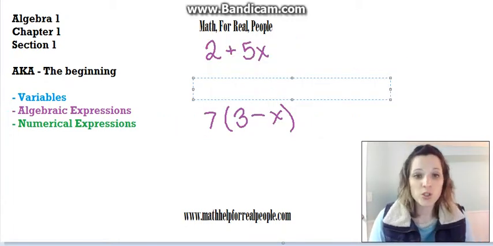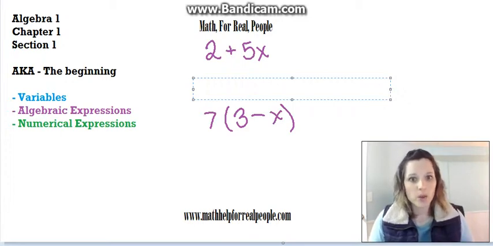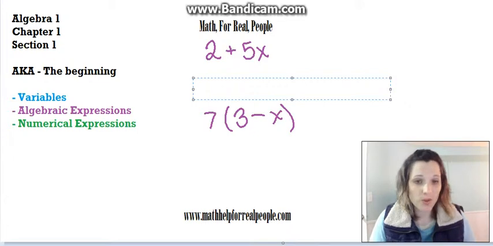Okay, so here's two where you have the algebraic expression and you want to put it into a word phrase. Now there's a lot of different ways you can usually say things, so make sure you ask your teacher or look at your textbook for their examples, but usually there's a lot of different ways. So I'm just going to give you a couple here. So looking at the first one, it says 2 plus 5x. Great. Don't write that down because you know that it says 2 plus 5x.